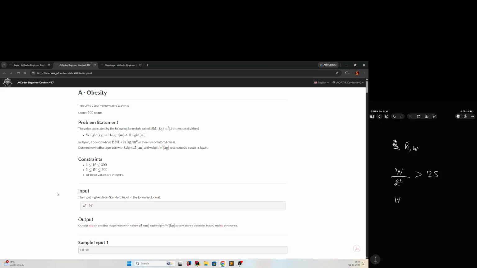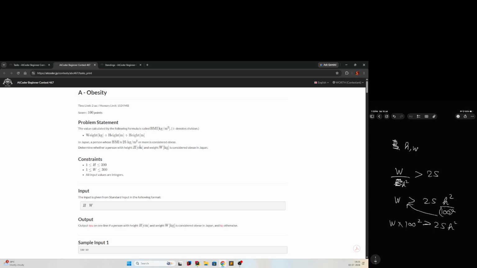So what I've done is w greater than 25 h square. But here the w is in kg and h square is in centimeter, so we have to divide it by 100 square. Now it will be in meter. So 100 square I move here, so it will be w times 100 square greater than 25 times h square.